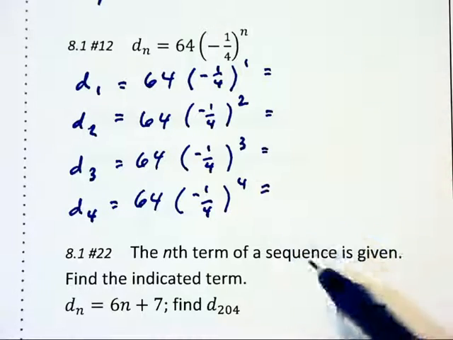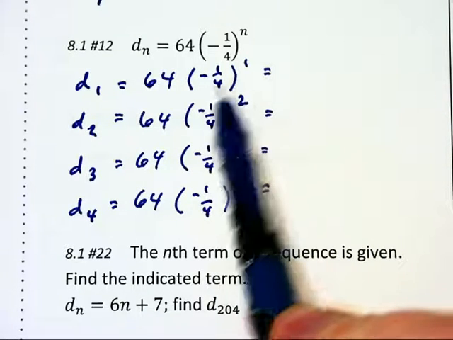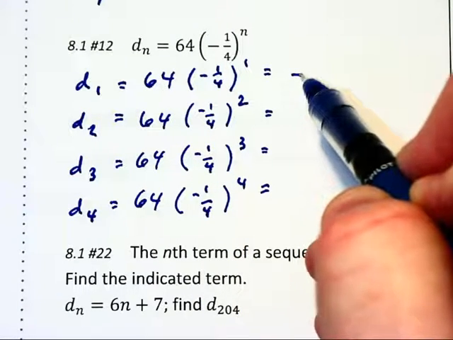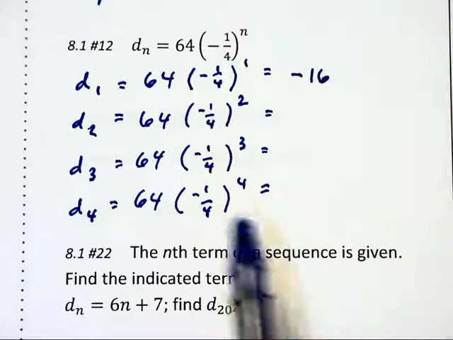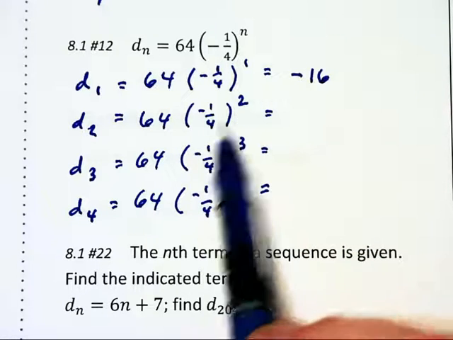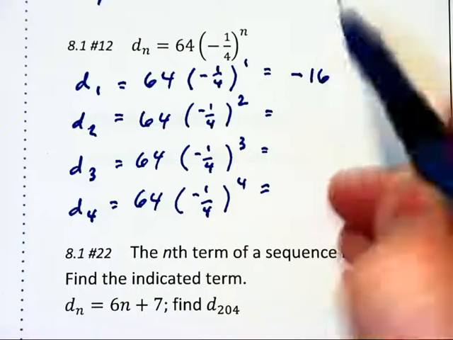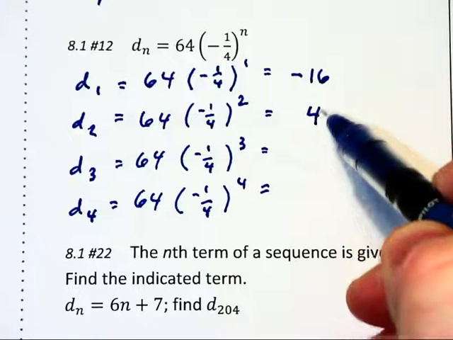When we substituted in 1, we really have negative 1/4 times 64, which makes negative 16. Negative 1/4 when squared gives us 1/16, multiplied by 64 gives us positive 4.